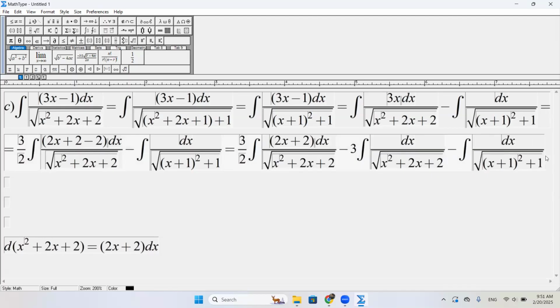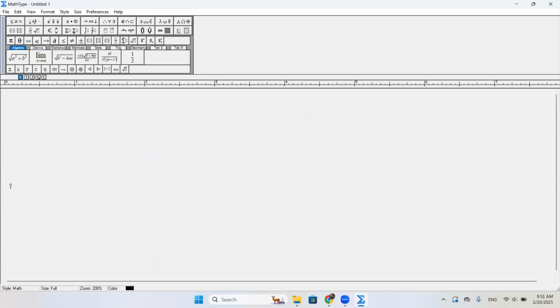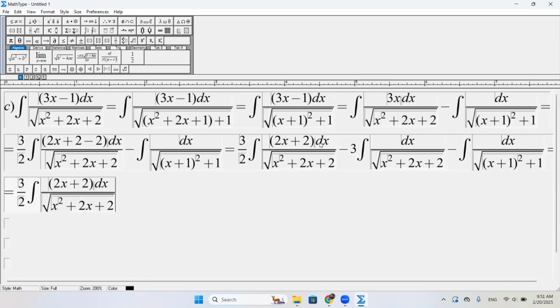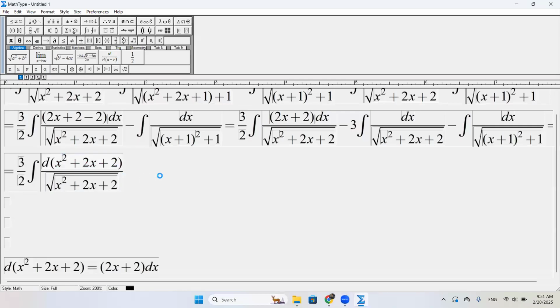So writing everything in detail, yeah, I know that some steps could be skipped, but let's better write everything. So now here we have the differential of this expression. So let's just copy and paste this. And this is the table integral, actually.